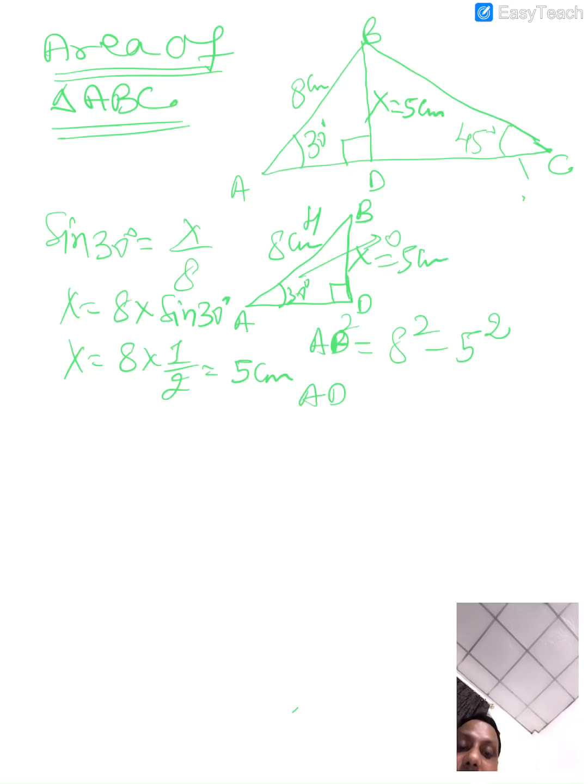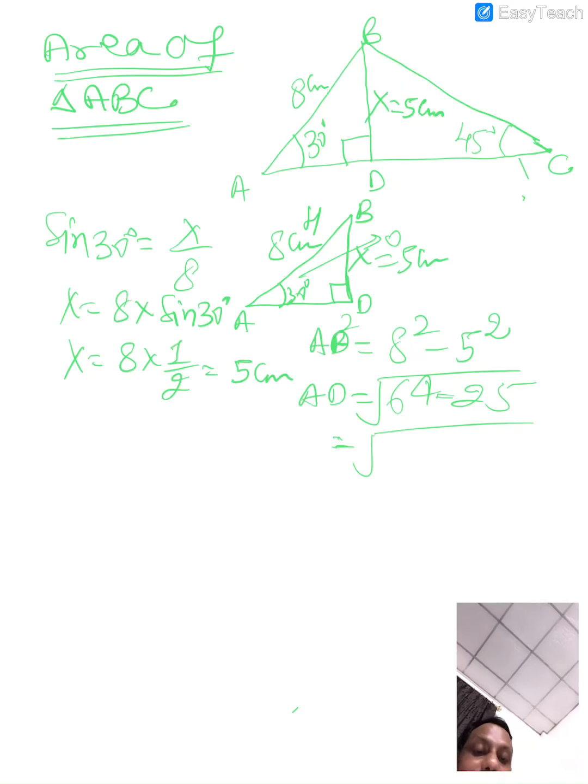So AD is equal to square root of 64 minus 25. So 64 minus 25, you'll do on your calculator, that is 39. So this is the length of AD, root 39.